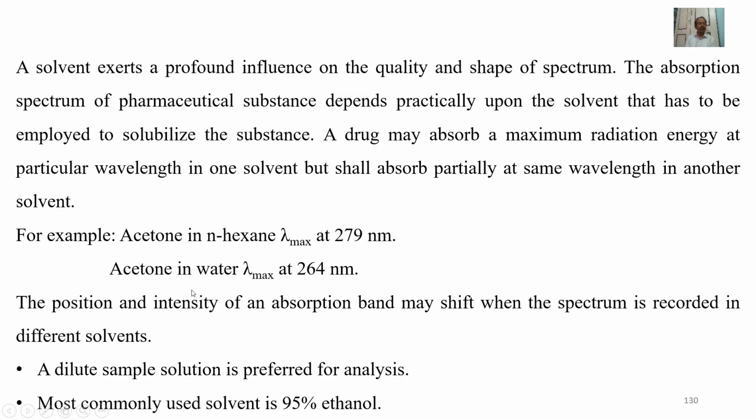The position and intensity of an absorption band may shift when the spectrum is recorded in different solvents. A dilute sample solution is prepared for analysis. The most commonly used solvent is ethanol, 90% or 95%.